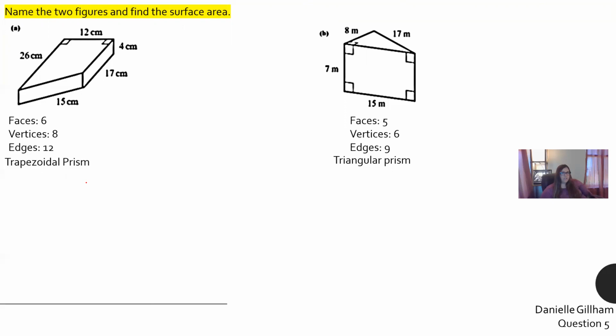And so to find the surface area, you're simply just going to do 2 times base plus perimeter times height. Now base equals half times A plus B times height, which equals the trapezoidal base.